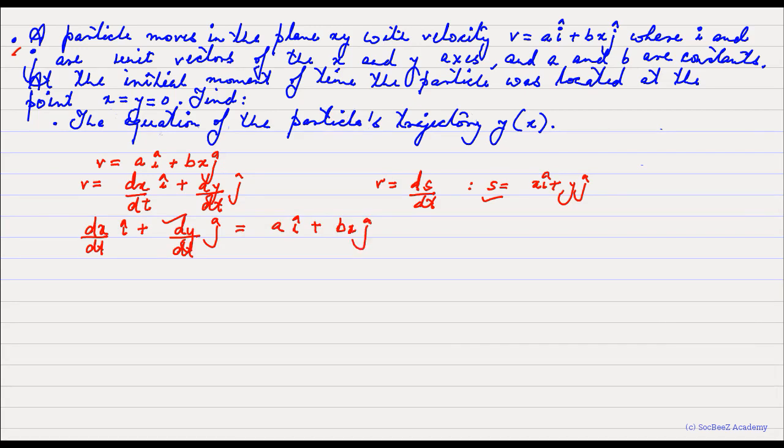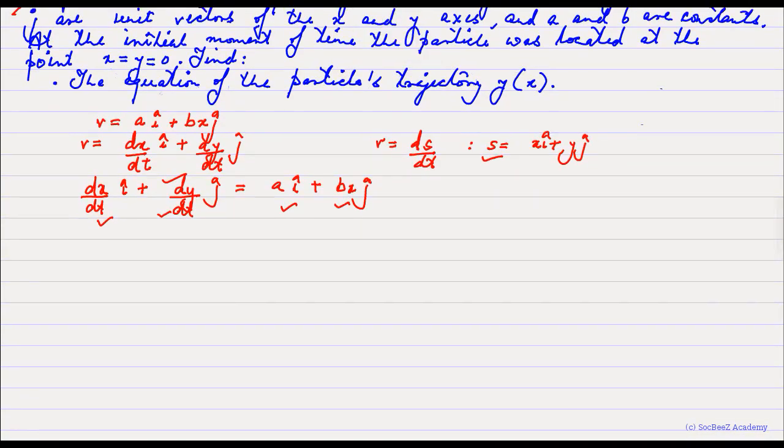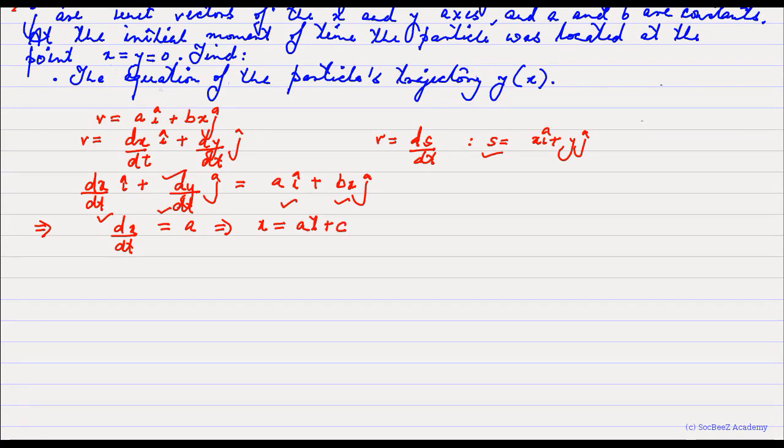Okay, now the coefficients of the individual directions are going to be the same, right? So I'll write down, this equation implies dx by dt must be equal to a, which implies x equals at plus c, right?